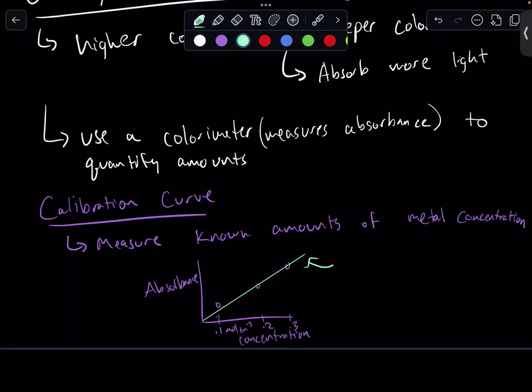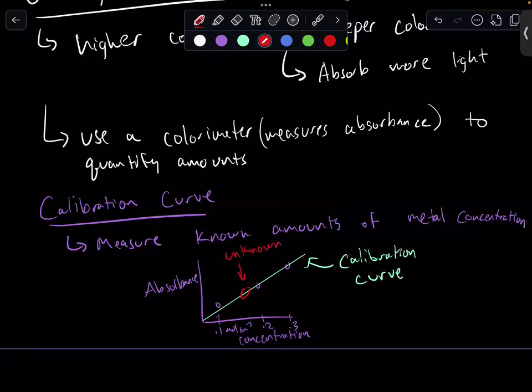And this would be our calibration curve. Then we take our unknown. So this could be our unknown amount. And that's the absorbance value we get. And that will lead us to a now found concentration.